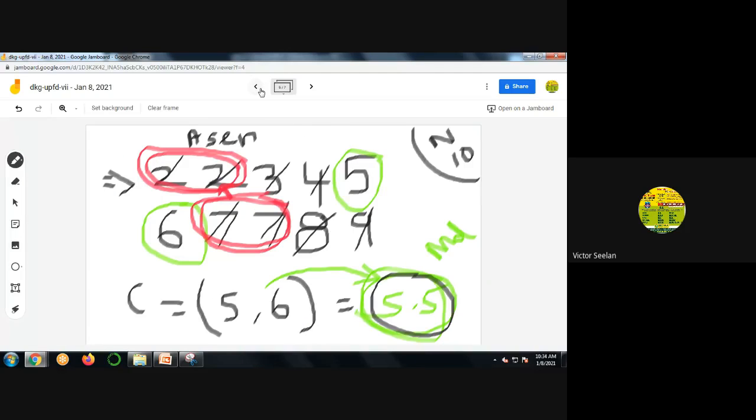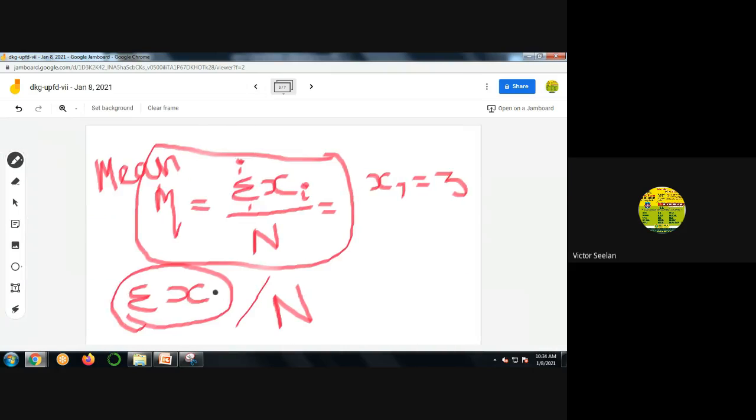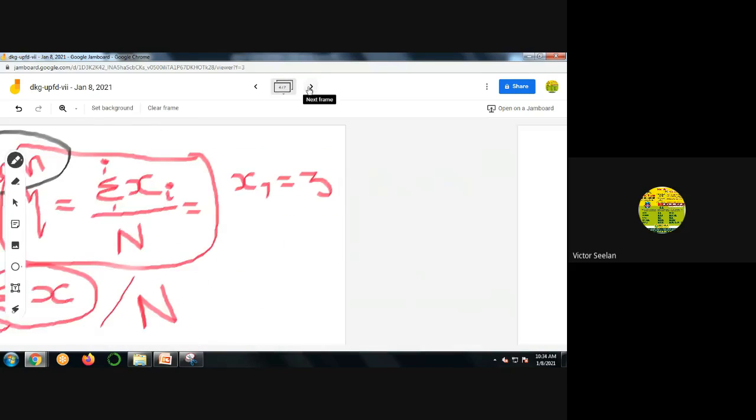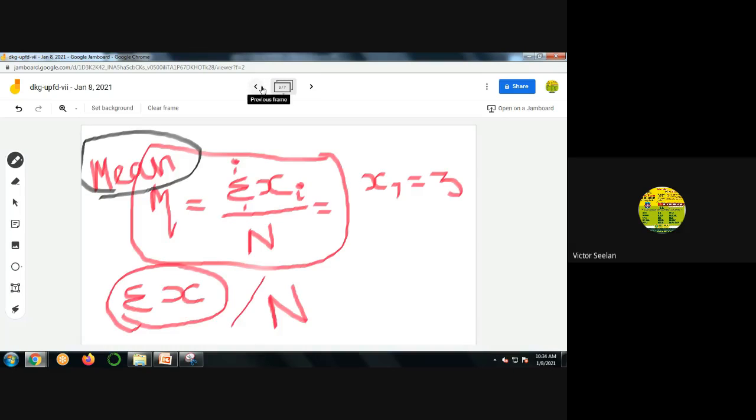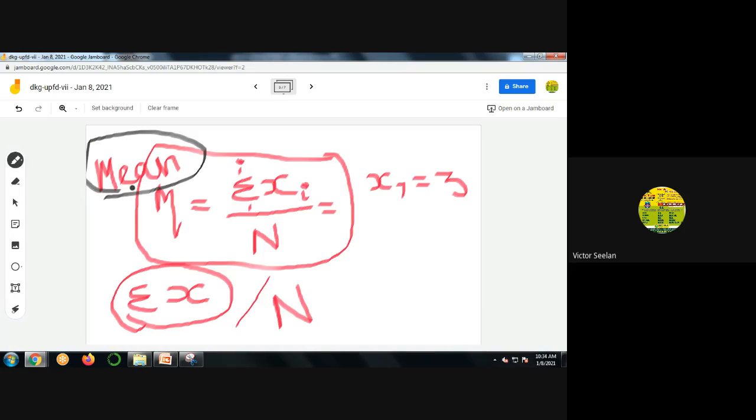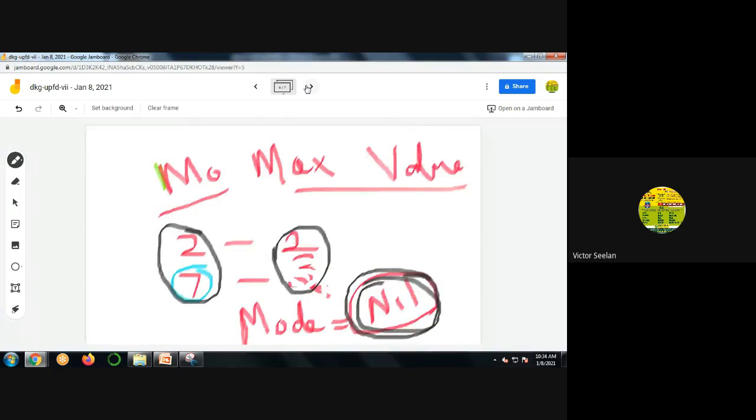So when comparing mean, median, and mode, when you're using a quantitative value, mean is the best one. When you're using qualitative values, sorry, median is the best one. Okay. So what is the use of mode?